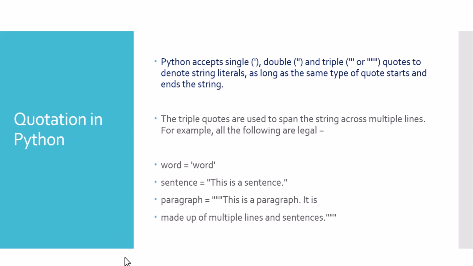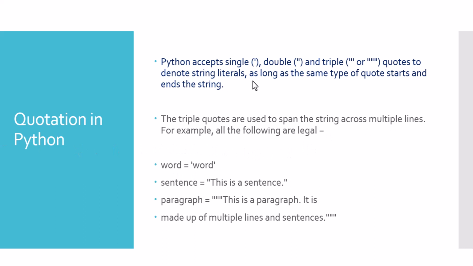Now quotation in Python. Python accepts single quote, double quote and triple quote to denote string literals, as long as the same type of quote starts and ends the string. The triple quote is used to span the string across multiple lines. For example, all the following are legal.